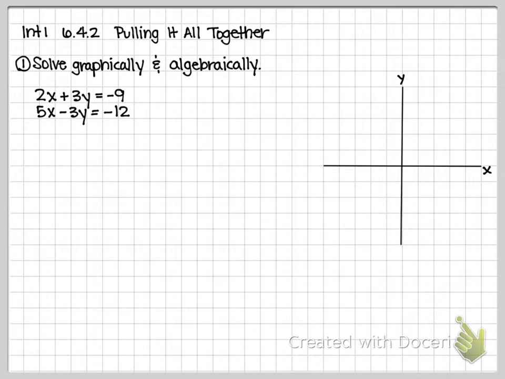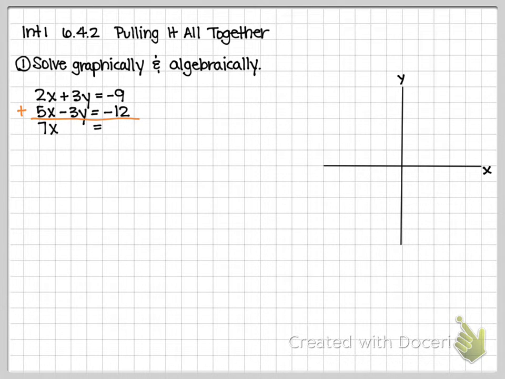If you take a look at this, it looks like I can just add straight down. And the y's are going to disappear right now. I don't think I even need to do any type of multiplication by anything. So I'm just going to add straight down. Add the 2x and the 5x. That gives me 7x. Y's are gone.